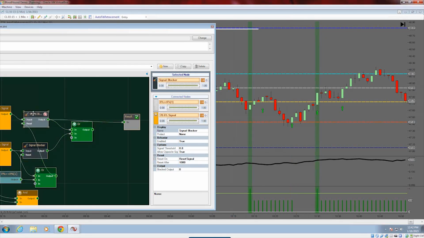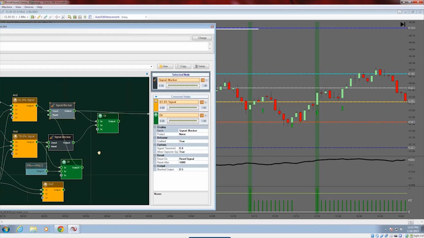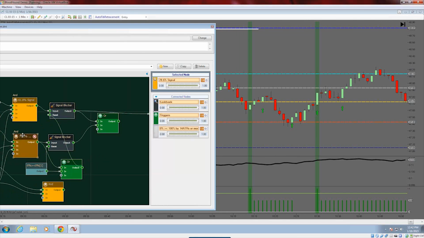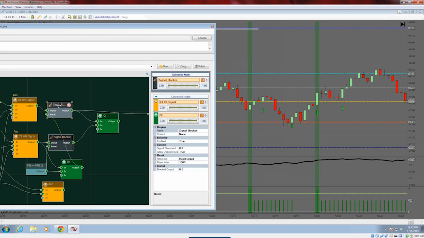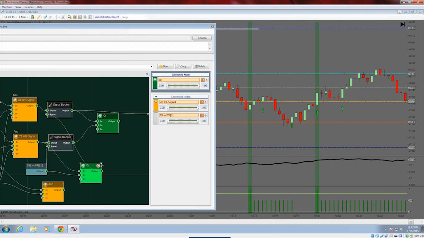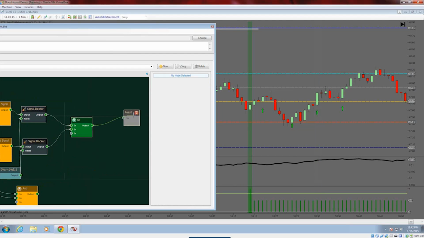Because I've reset this blocker. Yeah, exactly. But see, I have to reset it based on the 78.6 so that I can allow that 78.6. No, you don't. It's only blocking the 62%. This one. Correct. So you're saying don't use the OR node, just use this? Yes. Yep, exactly. Perfect.